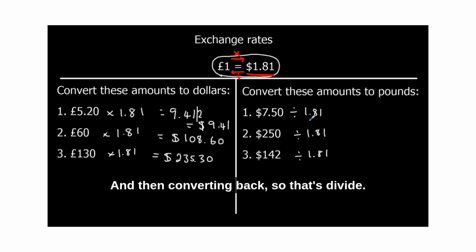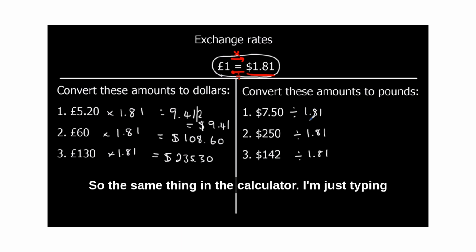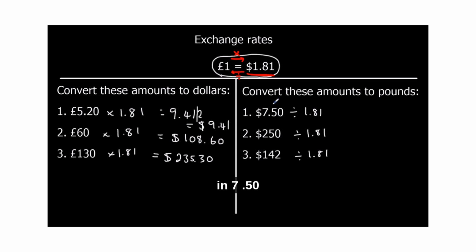And then converting back, so that's divide. The same thing in the calculator. I'm just typing in 7.50 divide 1.81. That's given me 4.1436, and so on.